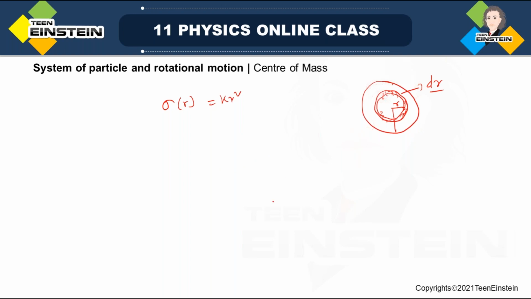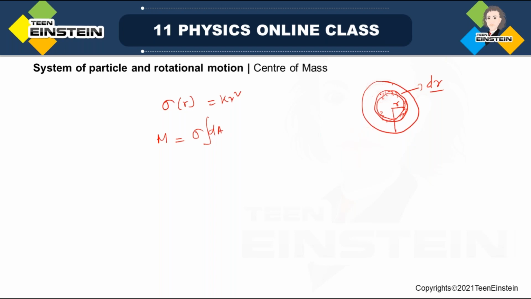So you have to actually find out the total mass. How to find this total mass? Total mass has to be found out as rho into dv, the integration of dv. But this is a disk, so it will be dA, the area, and sigma is the mass per unit area.